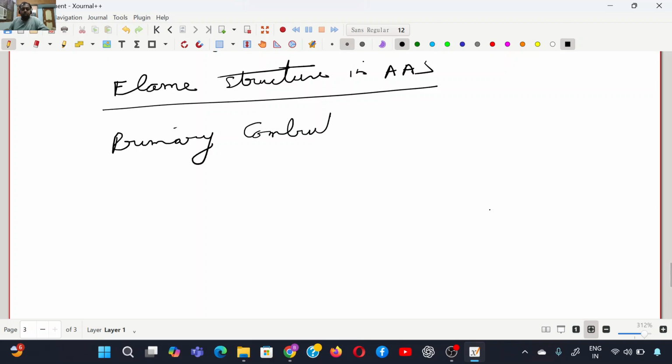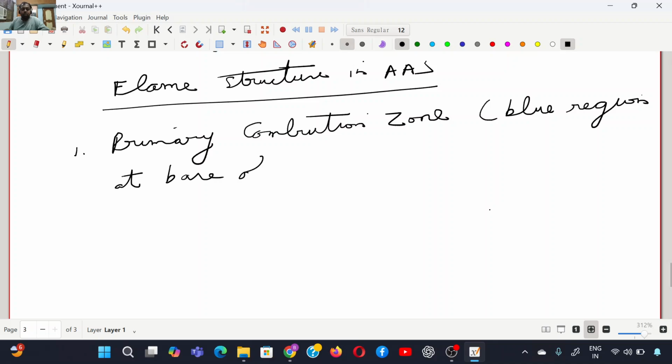Primary combustion zone. So in this case, it is at the base of the flame. It's a blue region, okay? Blue region at base of flame. And over here, there is incomplete combustion.